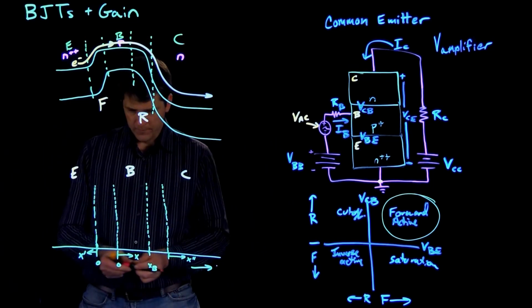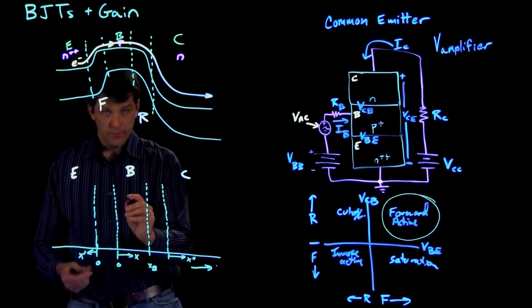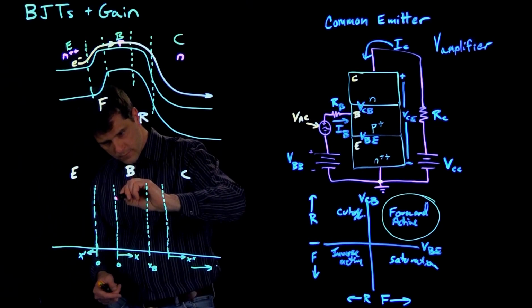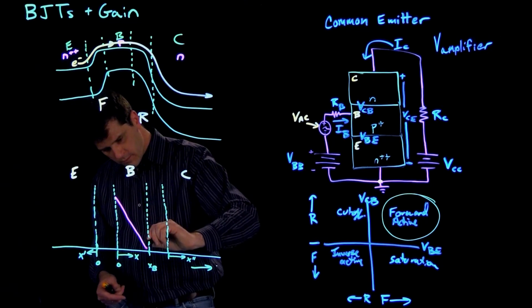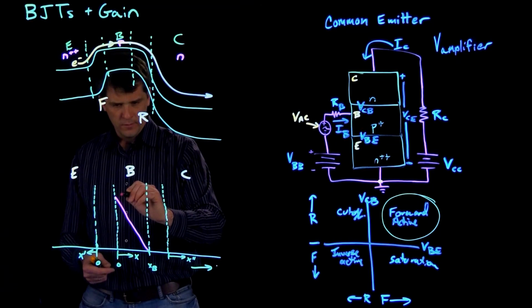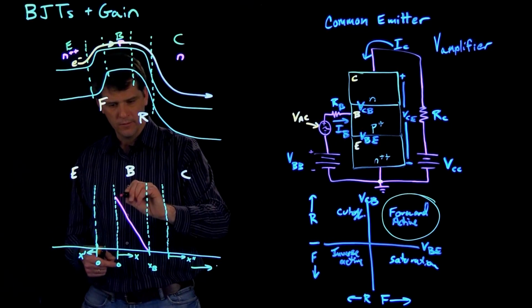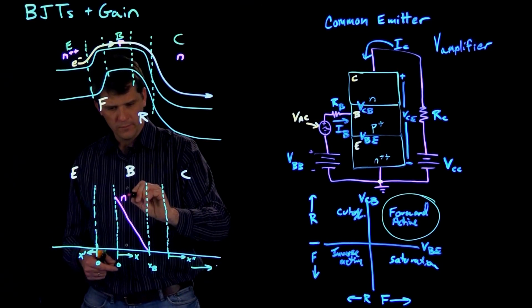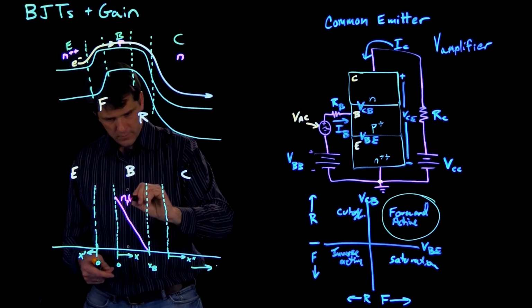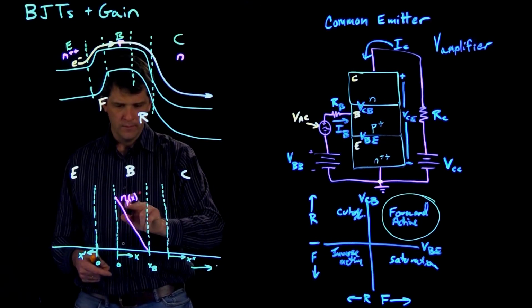So the minority carrier distribution in this forward active configuration, in the base, we have an approximately linear distribution, and the minority carriers here are going to be electrons. So we have n p of x here, in the p-doped side.